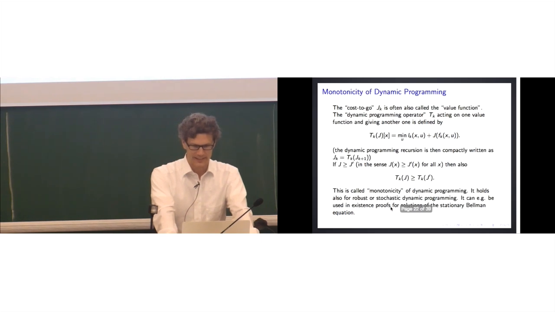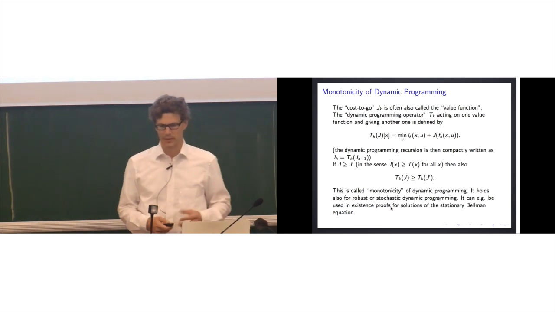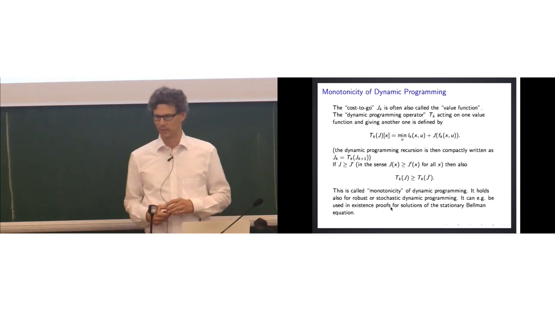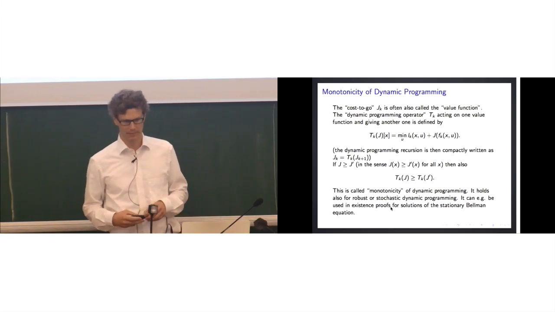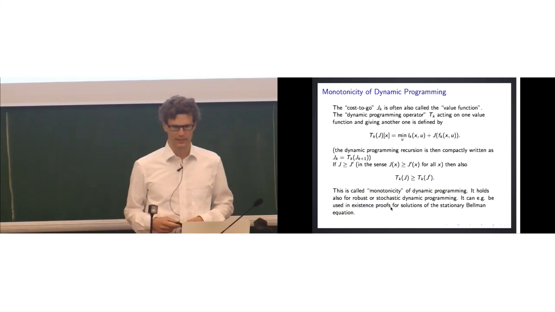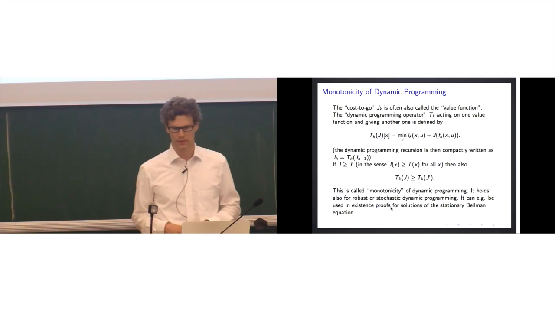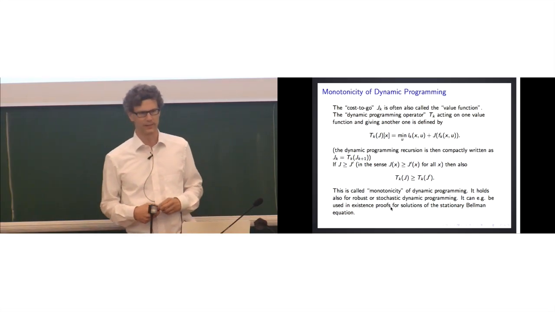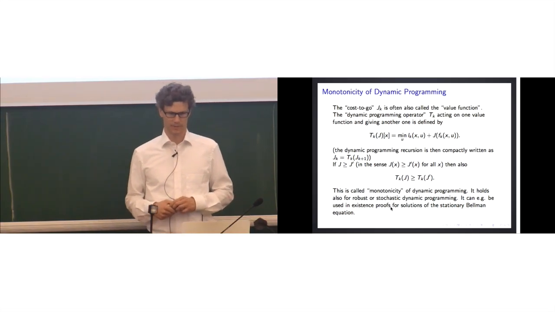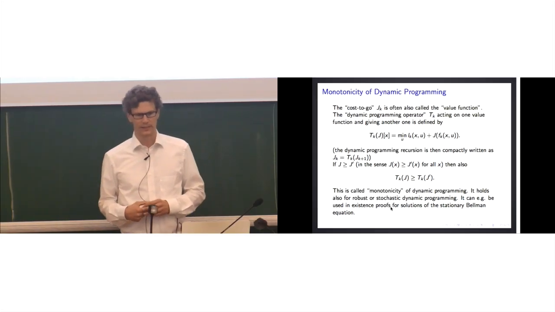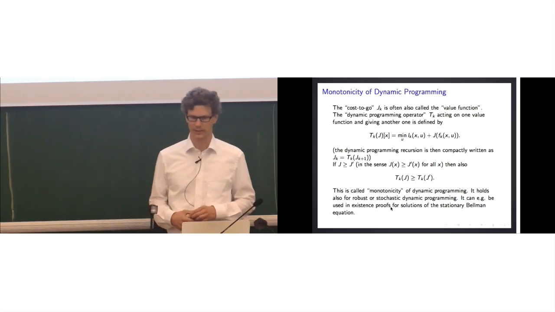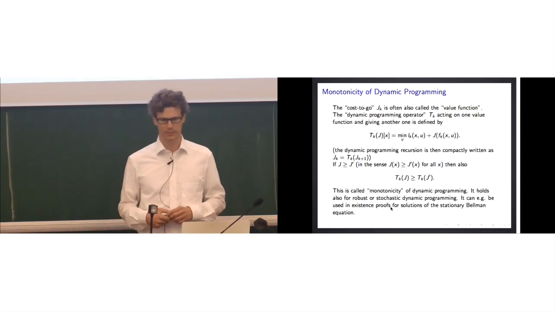There are 2 properties I want to share with you about dynamic programming from a more theoretical point of view. What dynamic programming does is something that you could interpret as an operator acting on a function. This operator, very often we call it T. I give it an index K to express that it depends on time steps, possibly.